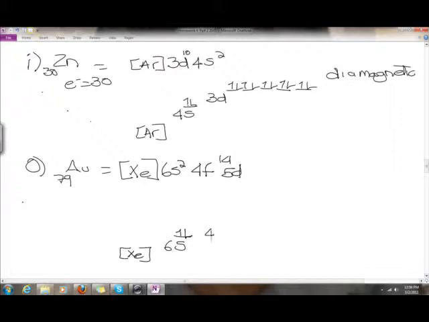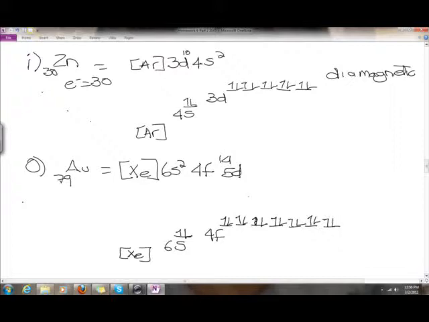Then it goes to all the 4F first. 1, 2, 3, 4, 5, 6, 7. And by the way, the periodic table gives you everything. You have to be able to look at it and know, but still do the diagram. This is up, down, down, down, and down.